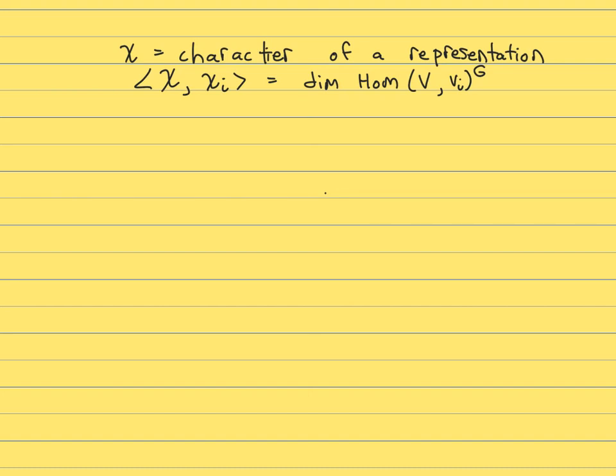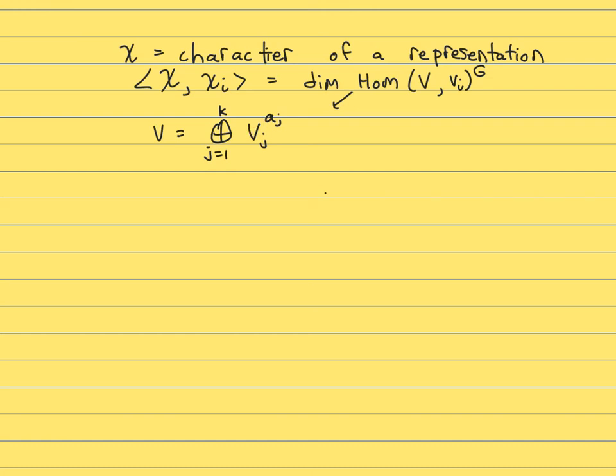Well, what can those homomorphisms possibly look like? Let's think about it. V, by Maschke's theorem, has to decompose as a direct sum into irreducibles. So you can define the linear transformation on each piece separately.